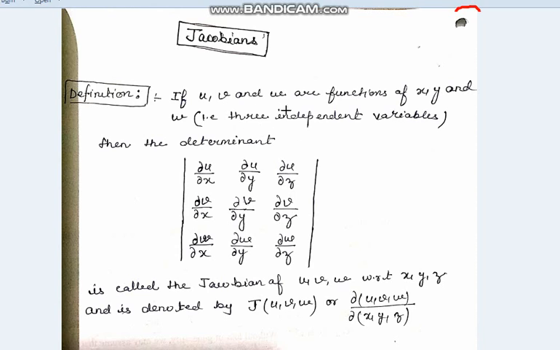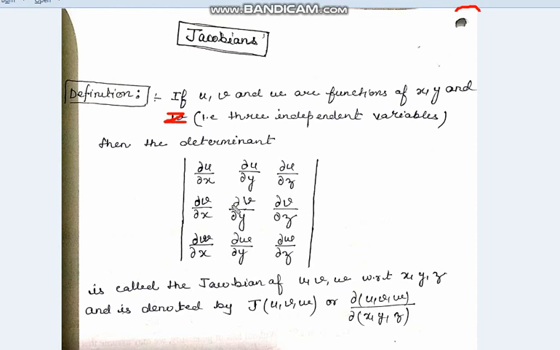u, v, w are functions of x, y and z. Then the determinant, which is obtained by, first of all, partially differentiating u with respect to x, then partially differentiating u with respect to y, and after that partially differentiating u with respect to z.